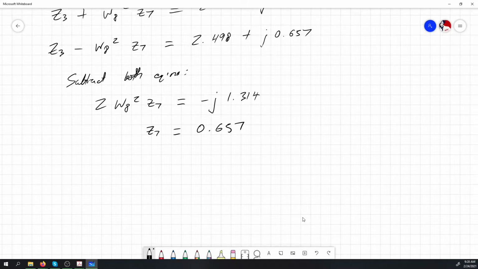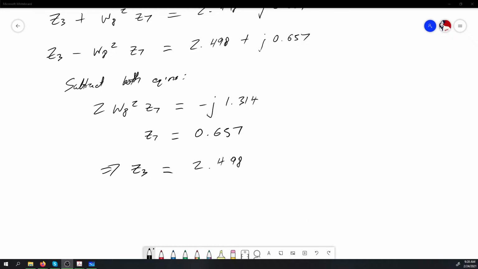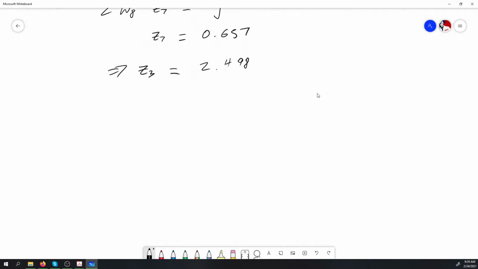So now that we have Z7, we can solve for Z3. And Z3 there was basically going to be 2.49. And then in the interest of time, I'm just going to put what the answer for Z4 here is.